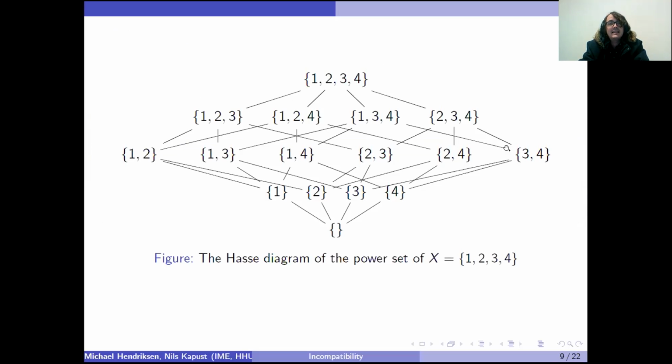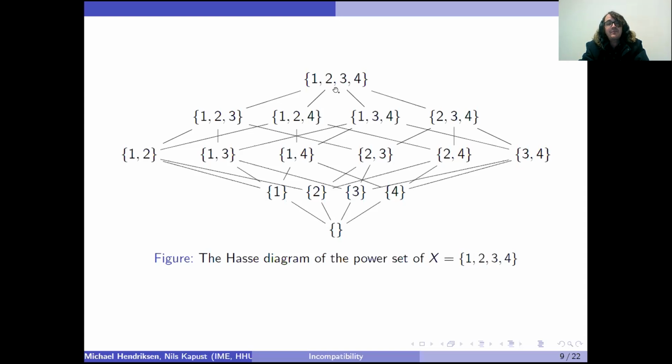So here is a nice poset diagram, the Hasse diagram of the power set on 4 elements, where there's an edge between 2 things going upwards if the lower one is included in the upper one, for instance, 1 and 1,4 here. So a chain is just any path, the set of elements contained in any path going vertically, say empty set, 1, 1,4, 1,2,4, 1,2,3,4.